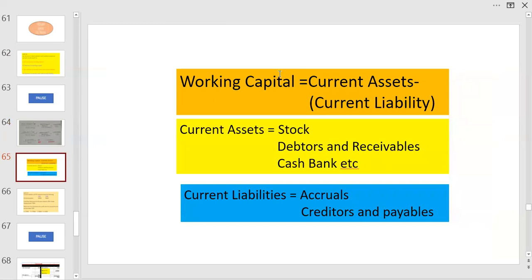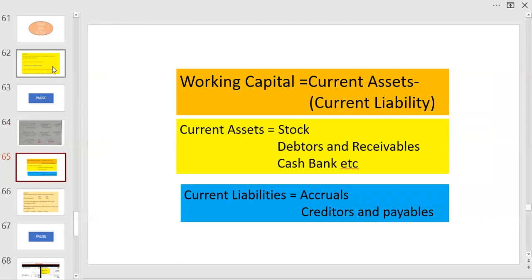That is working capital. They have mentioned working capital several times in the question. Working capital is current assets minus current liability. If any of these current assets increase more than the liability, working capital will increase. If current liability increases more than current assets, then working capital will get reduced.